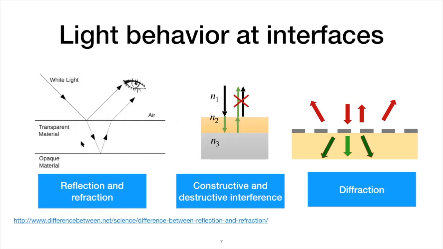When light hits a material, which can be transparent or opaque, some of the light power reflects to your eye, and some of it refracts, or bends, inside the material. The phenomena of reflection and refraction are well explained by Maxwell's equations and the boundary conditions at interfaces between different materials.